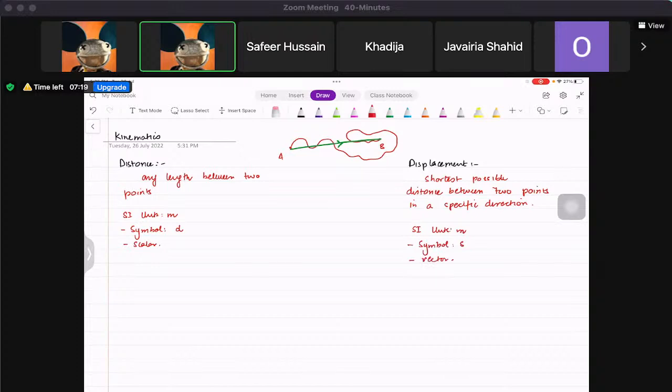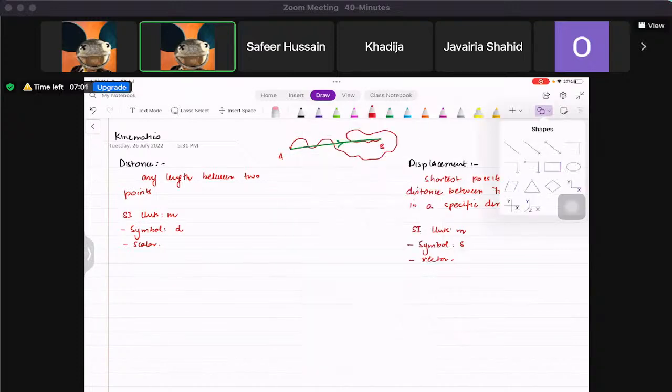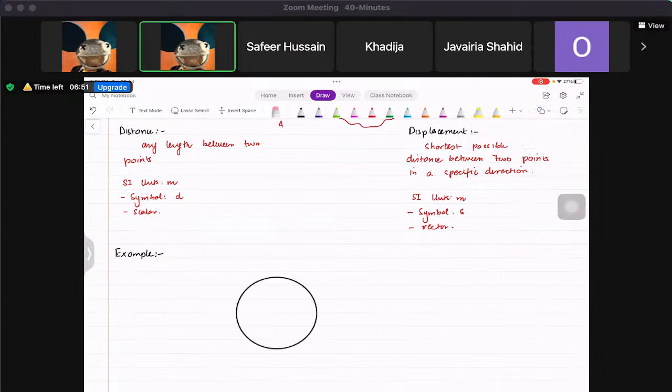Now let's check out an example between these two. See what I really mean actually. So when you have a circle, right?